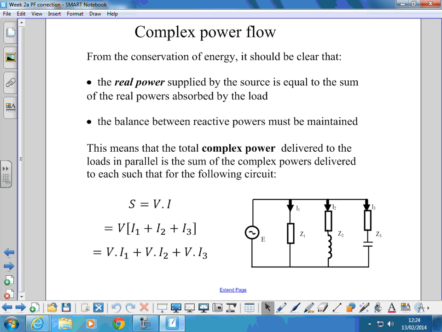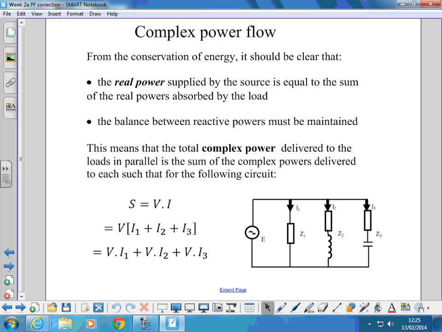Therefore, the real power supplied by a source has to equal the sum of all the powers being taken from it. All have to add up. It's a bit like a Kirchhoff's law type situation where the sum of everything adds up to nothing, in other words, because nothing going in, nothing coming out, it's just going round and round in a circle. So the balance between the reactive powers must be maintained.